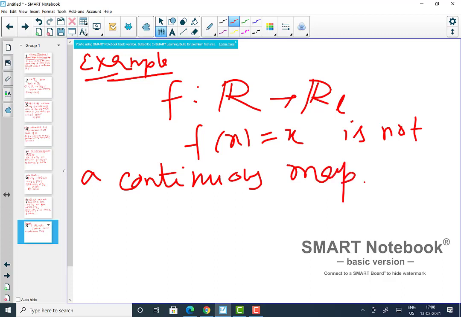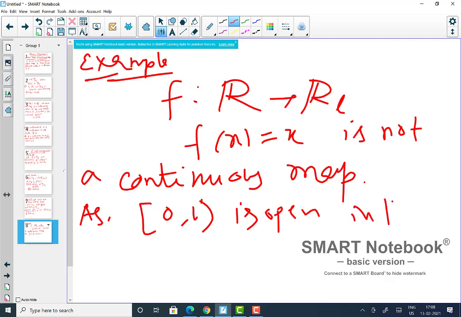As I told you, to show something is not continuous, you can find an open set whose pre-image is not open. So for example, you choose [0,1), which is open in R_l, but the pre-image is what?